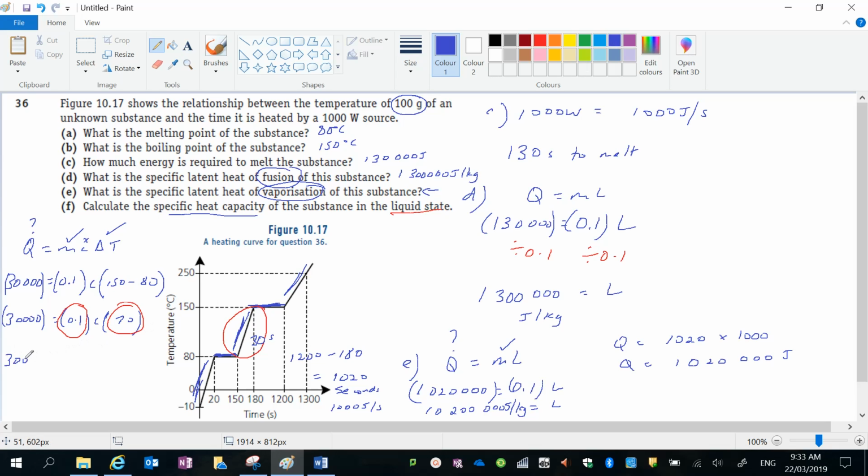So then we've got 30,000 equals 0.1 times 70 is 7, and then 7C is the simplified version of that. Then divide both sides by 7. And that gives you 4,286 equals C. Now, specific heat capacity is always measured in joules per kilogram per Kelvin. And there we go. That's it.